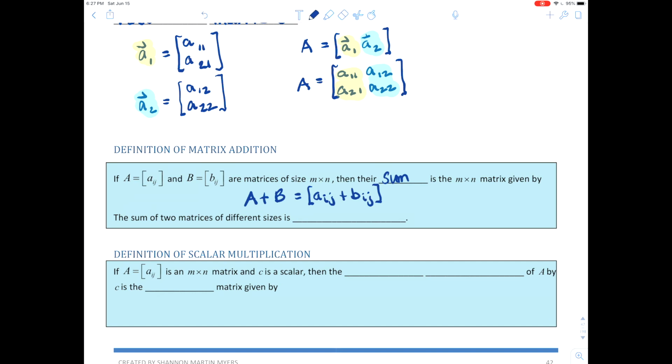Cool? All right, the sum of two matrices of different sizes is undefined.